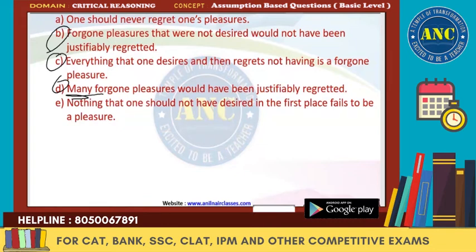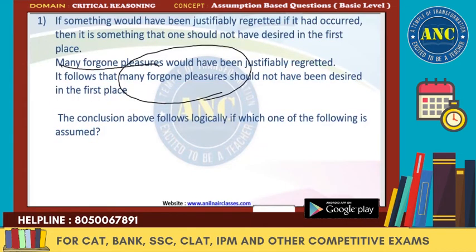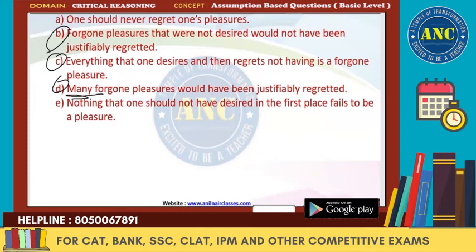So, should not have been desired in the first place appears in both the premise as well as in the conclusion. Now, this element is not likely to appear in the correct choice. If you look at it, it does not say, right? So, what will be the argument?